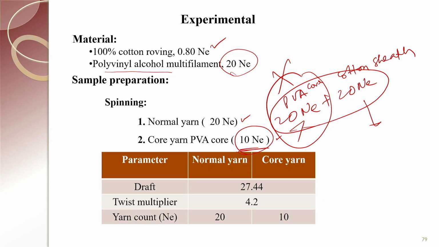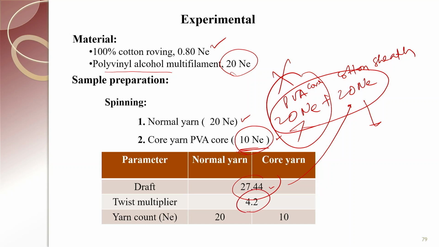So, here what we have kept in the spinning draft is 27.44 for the cotton roving, to bring the cotton content equal to 20 Ne as a sheath.